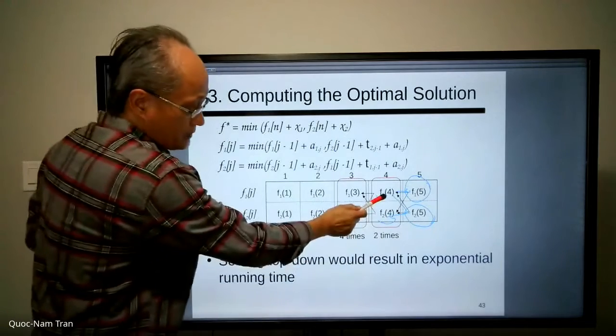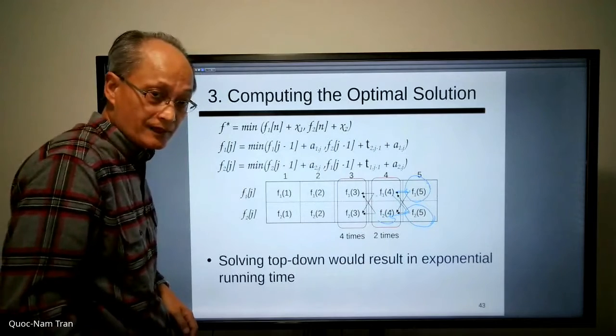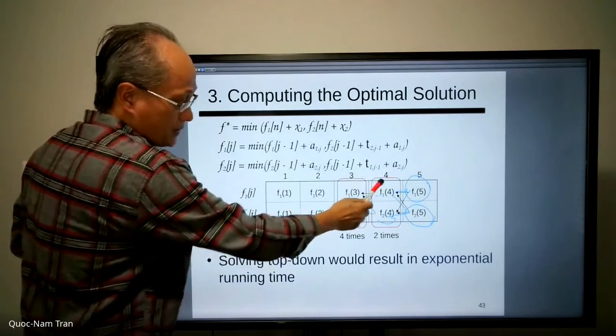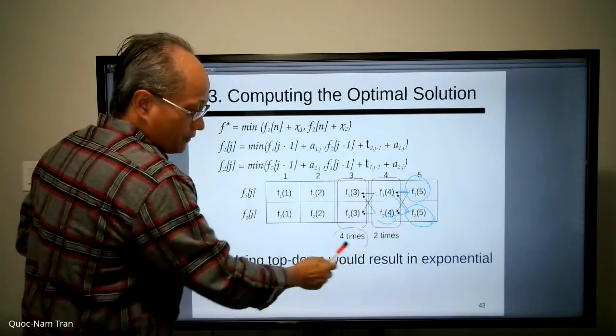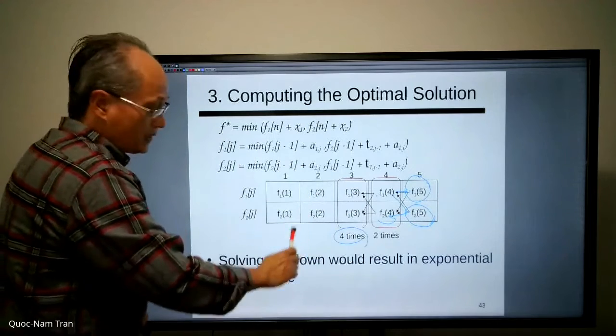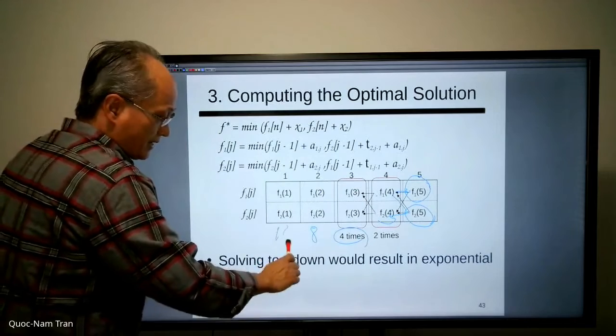Each of F14 and F24 will be calculated 2 times, and from here, with the recursive call, it will be 4 times. The next one will be 8 times, the next one 16 times.